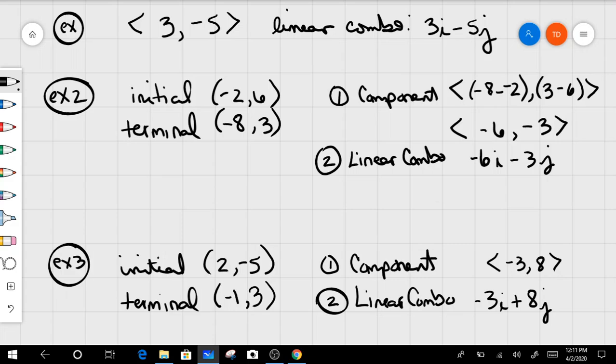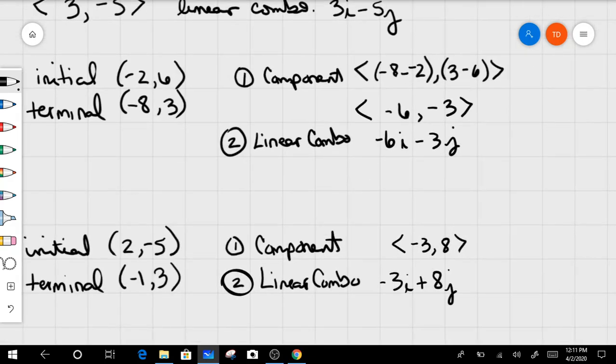If you did not get that, then you need to double check your math right here. This would be -1 minus 2. It's terminal minus initial. And you'd have 3 minus -5. -1 minus 2 is -3. 3 minus a -5 is +8.